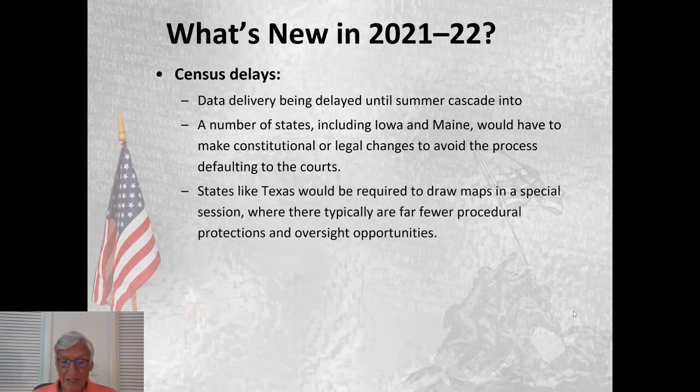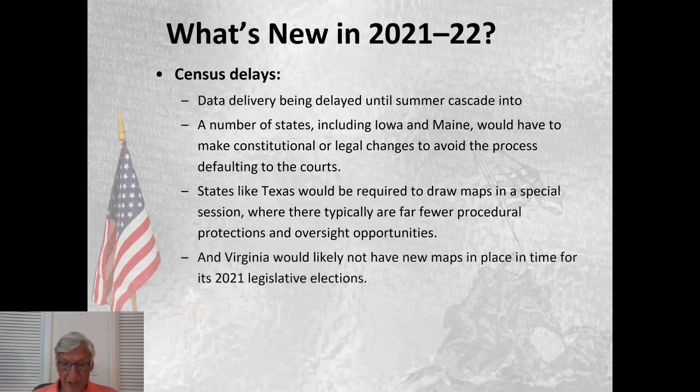States like Texas would be required to draw maps in a special session where there are typically far fewer procedural protections and oversight opportunities. And Virginia would likely not have new maps in place in time for its 2021 legislative elections, which are just beginning to unfold.